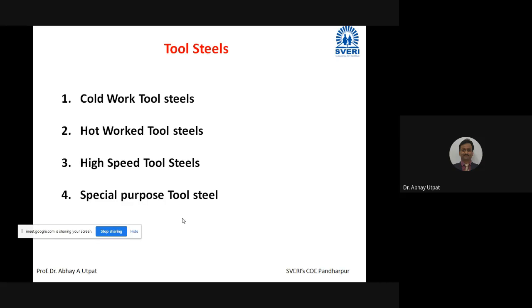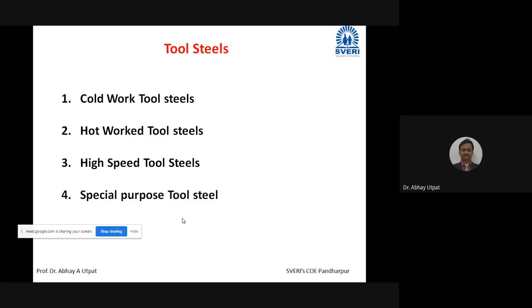Now friends, you have studied the meaning of cold working and hot working in manufacturing process. There are two kinds of mechanical working: one is cold work and the other is hot work. The word cold doesn't refer to room temperature.